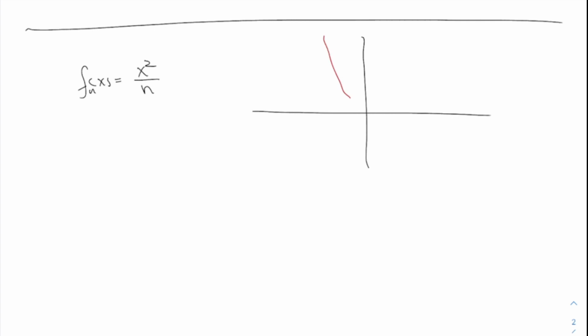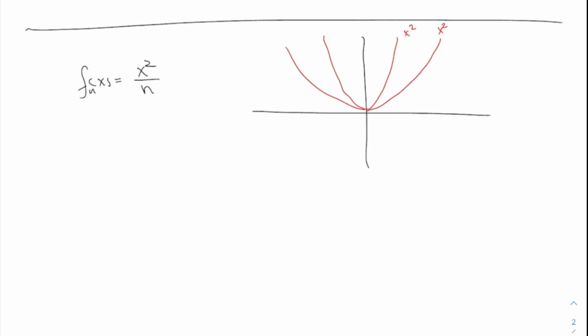So here was another example. Fn of x equals x squared over n. If I were to draw them, the first one is just x squared, but the next one is x squared over 2, which is that same picture, but the y value has been cut in half, so it's really crunched down like that.